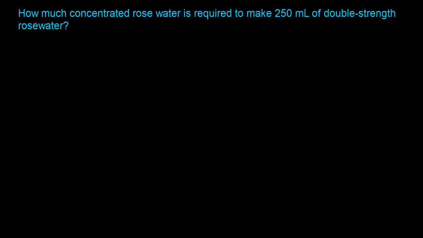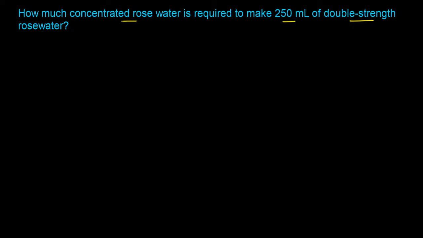Here the question is saying, how much concentrated rose water is required to make 250 milliliters of double strength rose water? Now the key thing to identify is you're starting off with concentrated rose water. You know the volume you want to make, but it's a double strength, not a single strength this time. In the previous example that was single strength, here you have double strength.